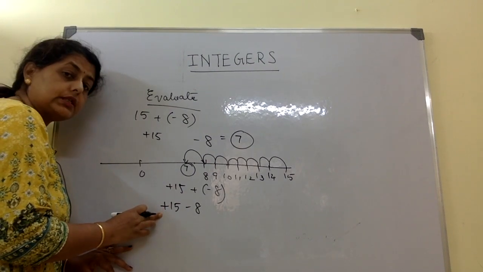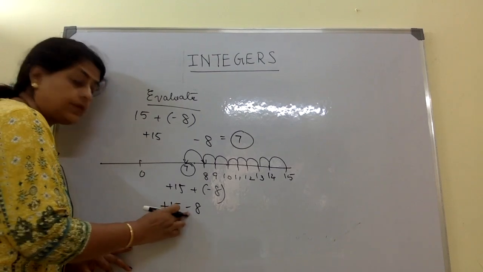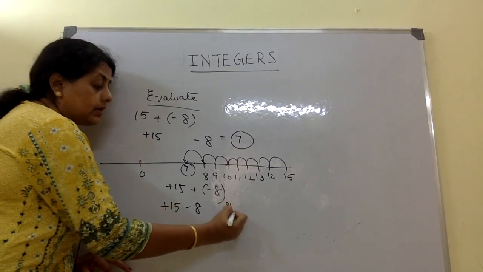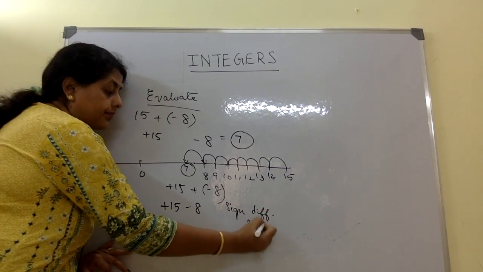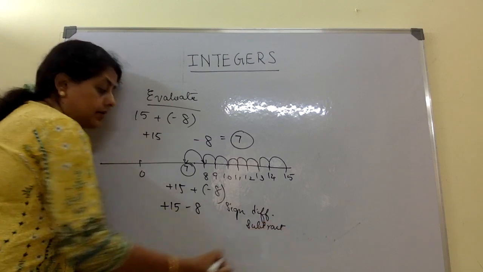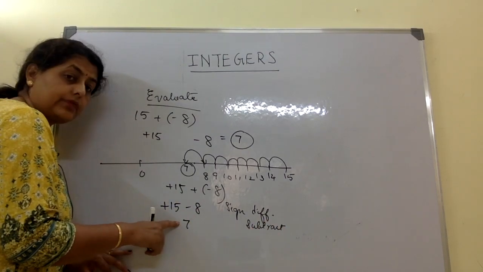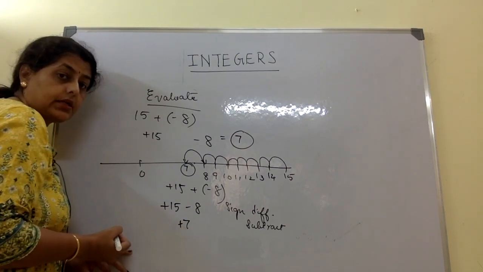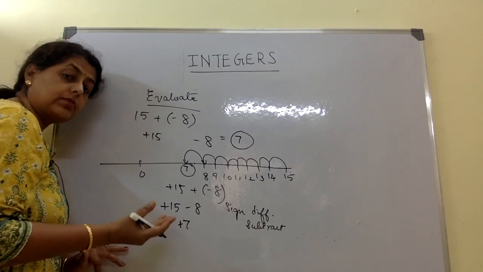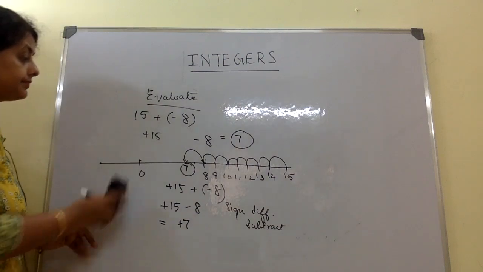What I have to see is: is the sign same or different? The signs are different. Sign different, subtract. So sign different, I have subtracted, and the sign here will be the sign of the bigger number. So it is plus 7. So this is another way, without the number line, to find it. Now let's see the next sum.